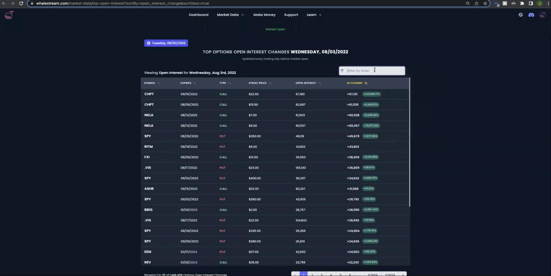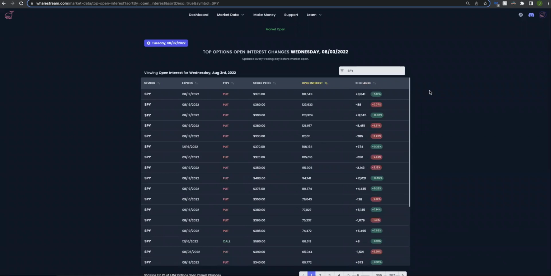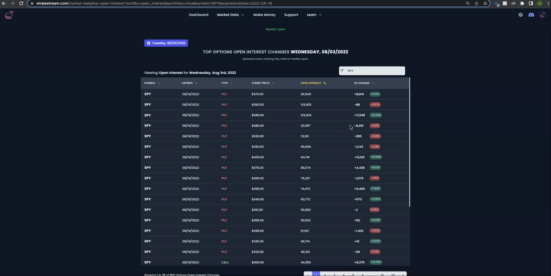So you could even just filter to a symbol, and you could see all the top OI changes for SPY, increases and decreases, and you can filter it by the highest OI, stuff like that. Soon you'll be able to click on strikes, and you could already do expiration dates. So now based on 8/19 expiration, we had a lot of put increases yesterday.